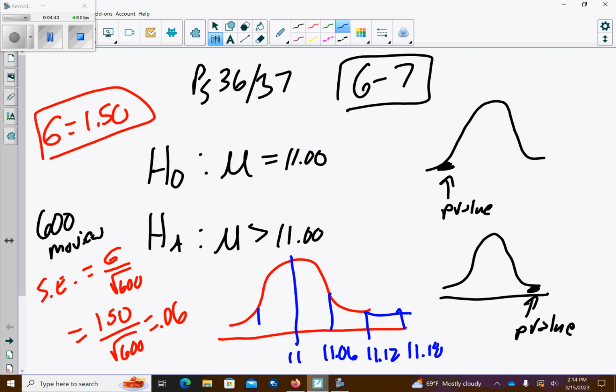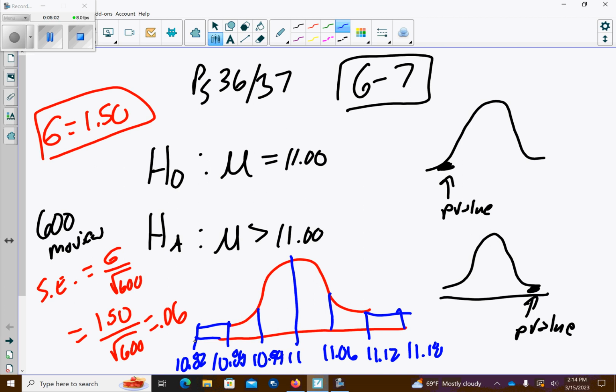If I went the other way, I'm going to get $10.94, $10.88, and $10.82. So that would be what our normal sample might look like.